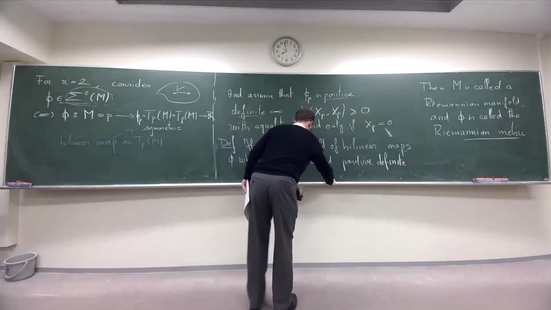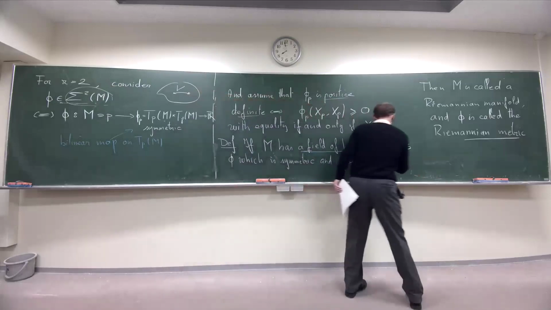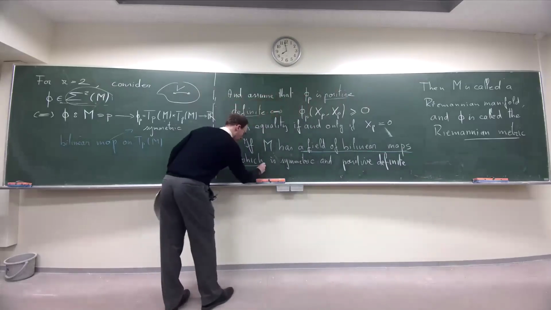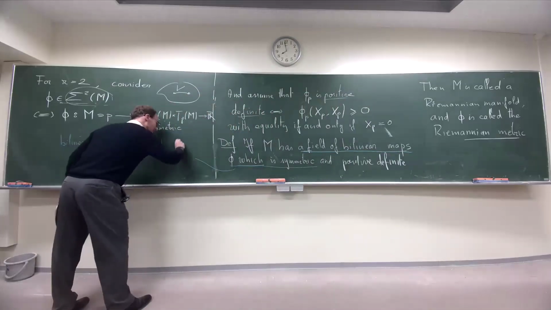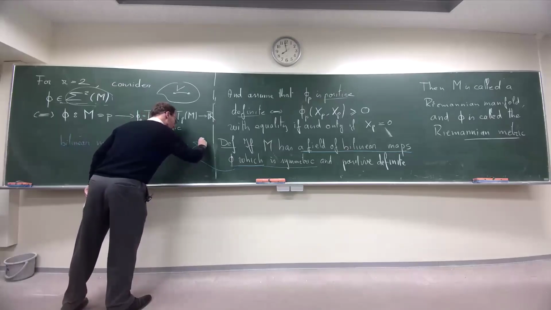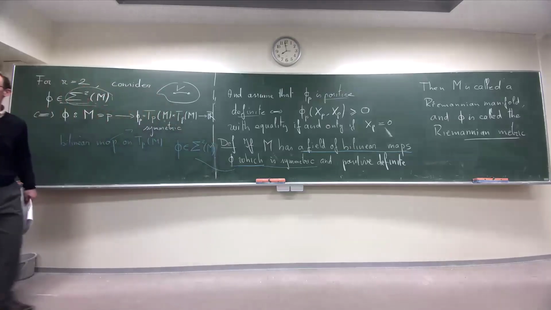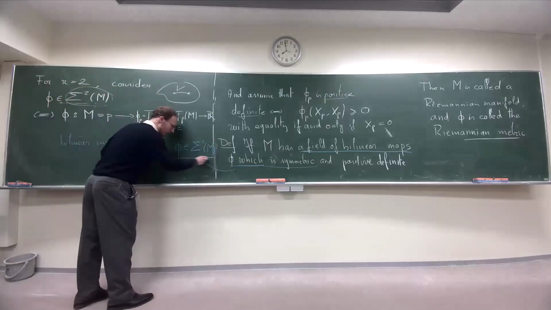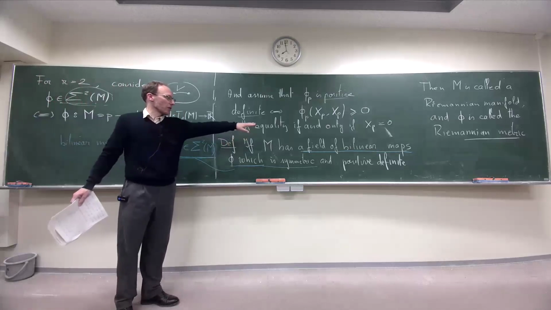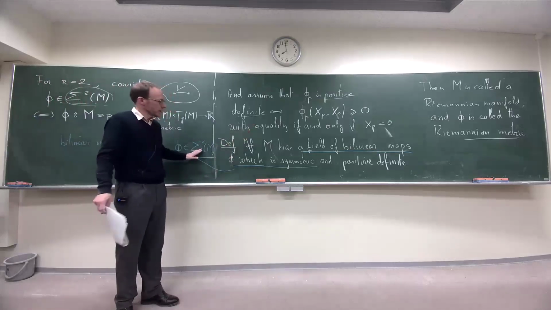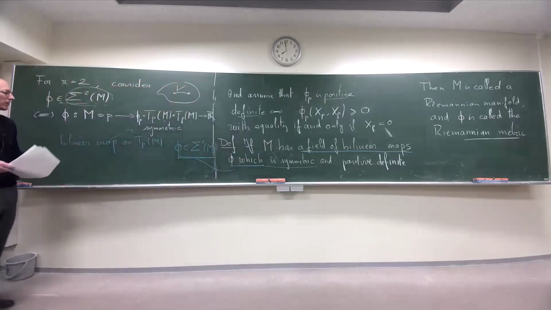I wanted to write it in words because you can also replace this simply by saying it has a phi in sigma 2 of M, but I'm not sure it tells you more. The precise notion is this: we say in this case it has a field of bilinear maps which is symmetric, and in addition we assume that it's positive definite. Okay, you are right, I was not precise.